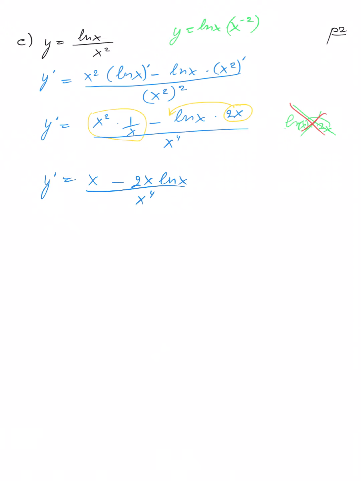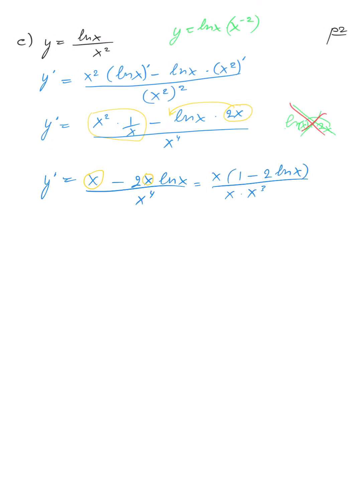I can do one more step. I notice that I have x here and x here, and we can factor it out. So x times 1 minus 2 ln of x, divided by x times x cubed, that's x to the power 4.